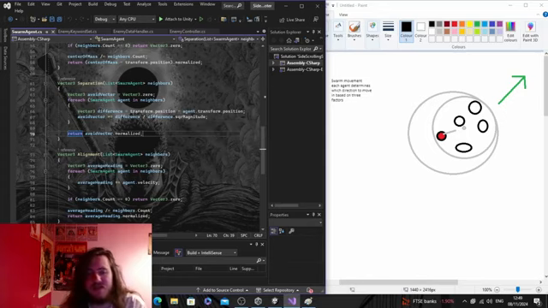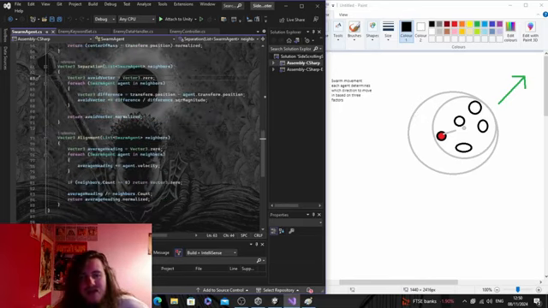So avoid vector equals difference divided by difference of square magnitude. So it just finds the difference between each of the positions, and then it's like, oh, we don't want to hit into any of those, and then it normalizes that as well, and then the same with alignment.